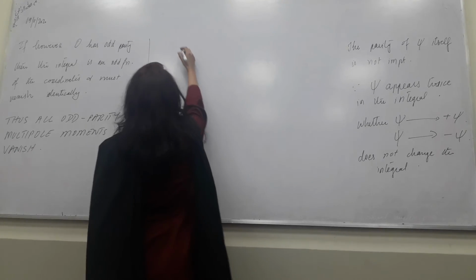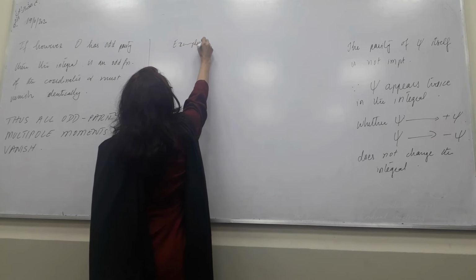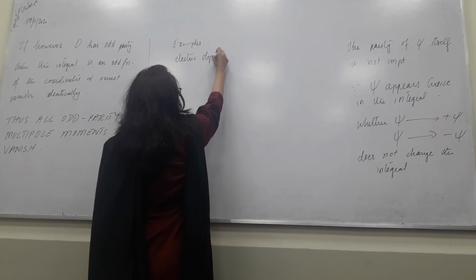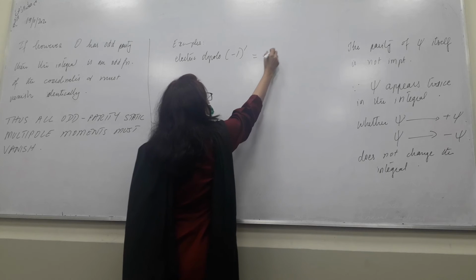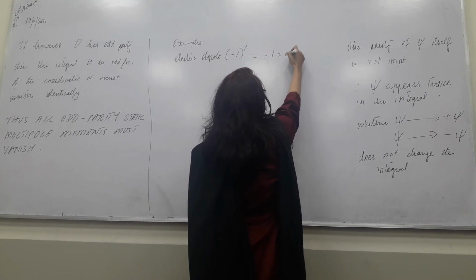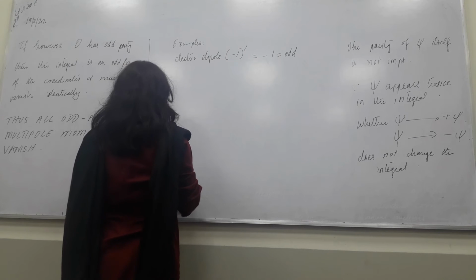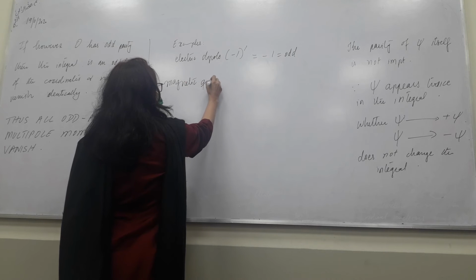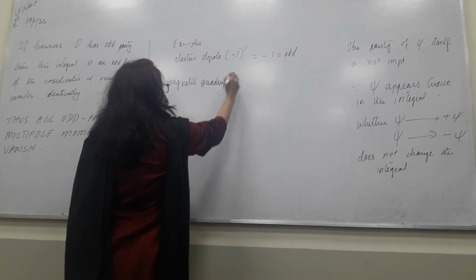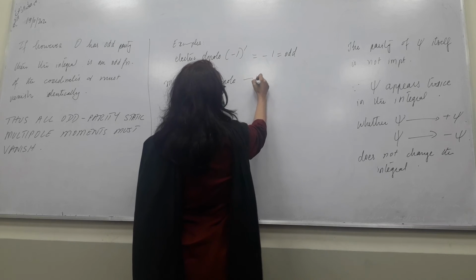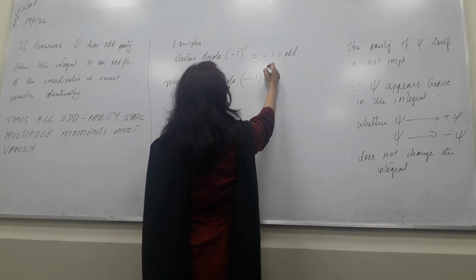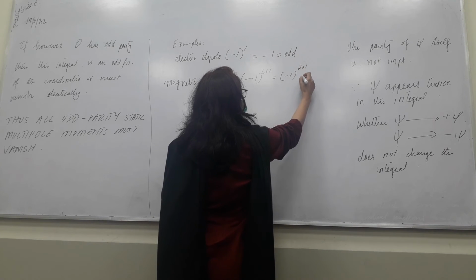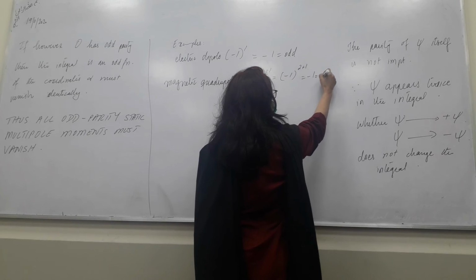Okay, so examples we can have: electric dipole, -1 raised to 1 will be equal to -1, which is odd, and magnetic quadrupole, -1 raised to L plus 1 is equal to -1 raised to 2 plus 1 is equal to -1, and this is odd.